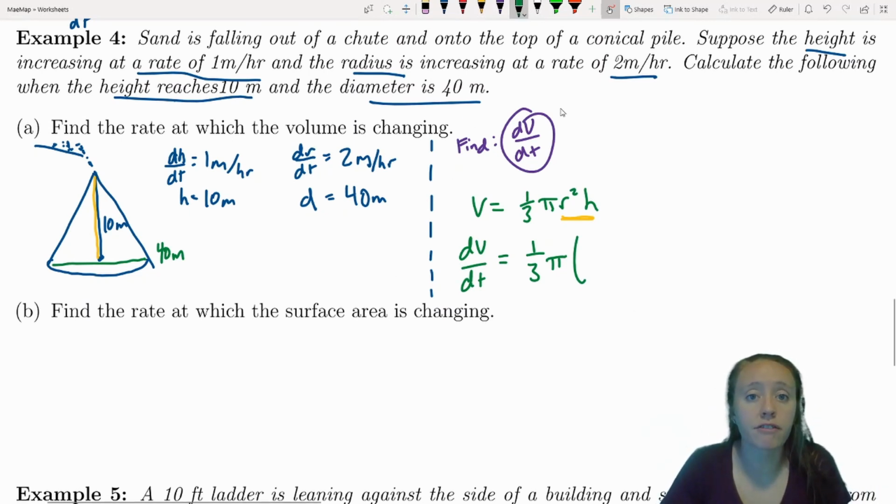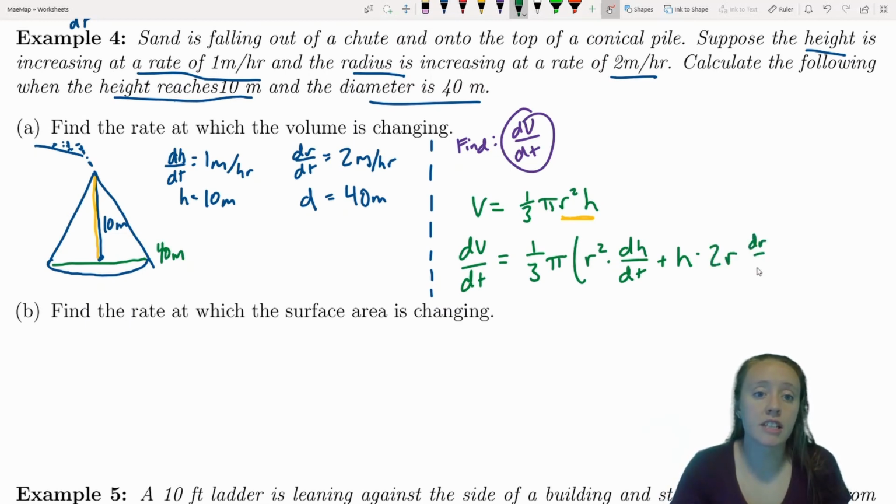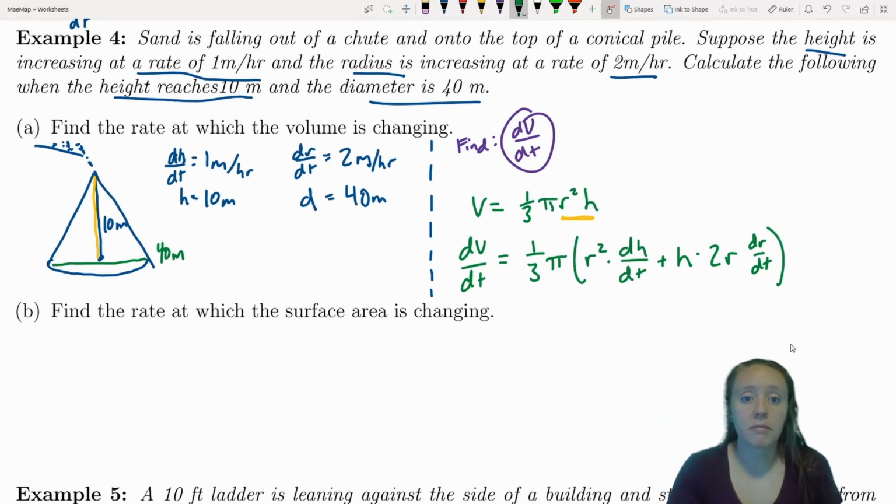So I'm going to have first, which is r squared, times the derivative of my second, dh/dt, plus second, h, times the derivative of my first, the derivative of r squared, which is 2r times dr/dt.